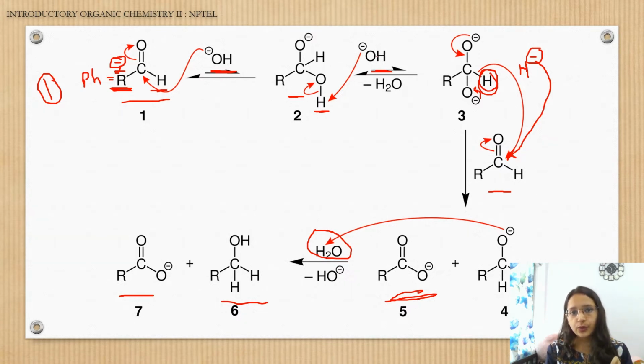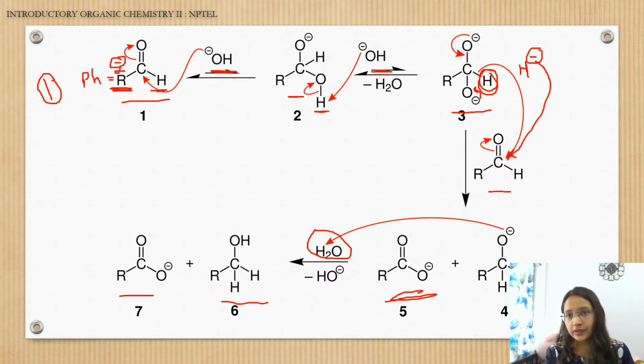So OH minus attacks this particular carbonyl carbon, and this tetrahedral intermediate is formed. After that, the base again abstracts the proton from this OH, leading to the formation of this oxyanion, a dianion. Okay, one of the oxyanions now cleaves, and the carbonyl bond is formed.